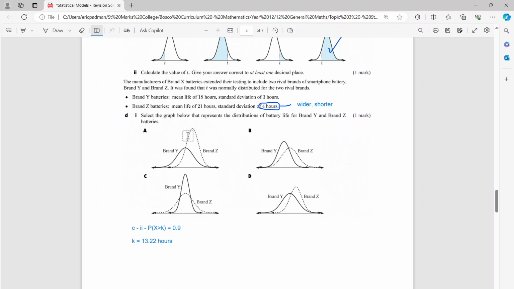So that one, the peak would be left, and the other one's peak right. Okay, and then this one is 3 hours. That would be narrow and tall.